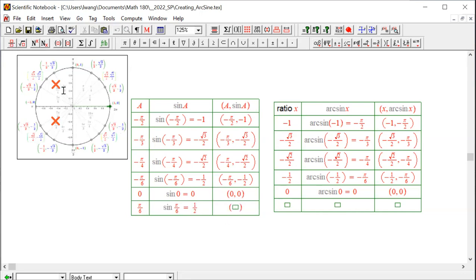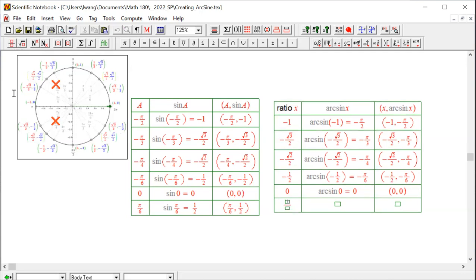In this place, the point is pi/6, half. And the next one, of course, the ratio becomes the input for ArcSine. The input is the ratio, and it produces an angle, and this angle is going to be pi over 6.